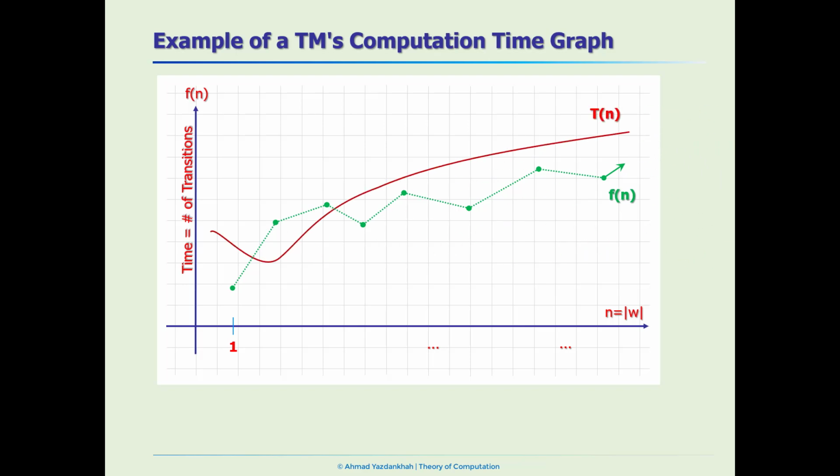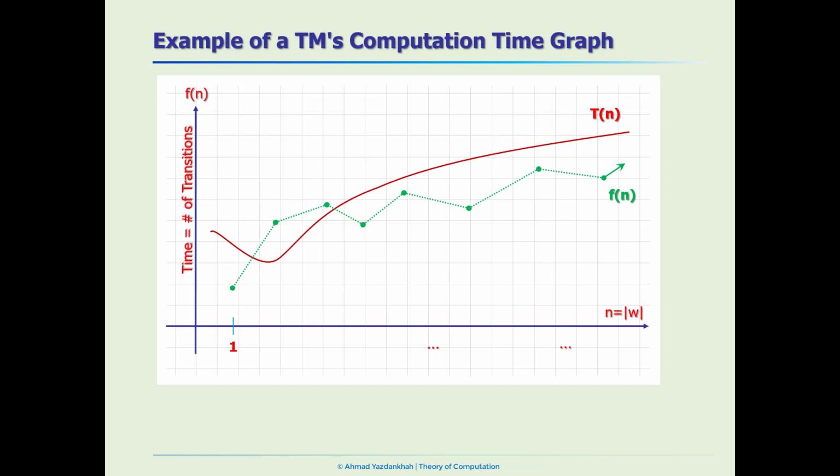Let's say this is a known function, t of n. This approximation, if it is a valid approximation, both of them should have the same growth rate, but not totally.